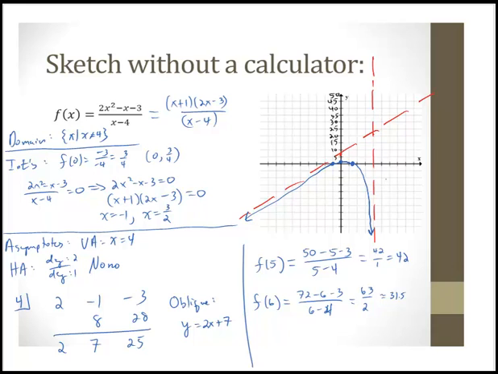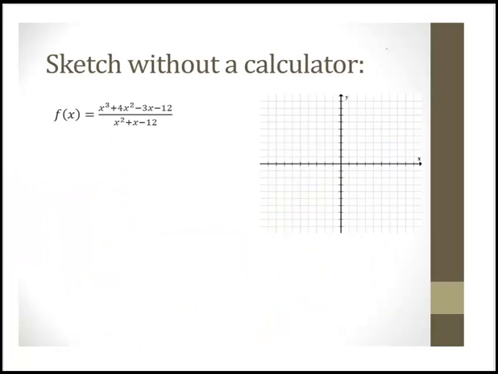Now we have a couple of other points. f of 5 is 42, that's about here. f of 6 is 31.5. So now I'm expecting the curve to do something like this. There's a rough sketch of the curve without a calculator.